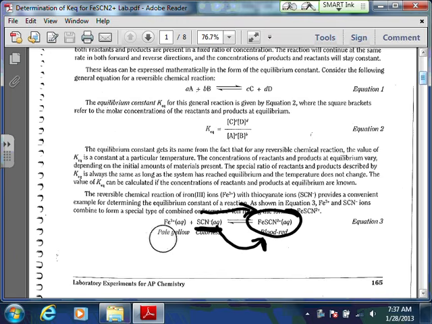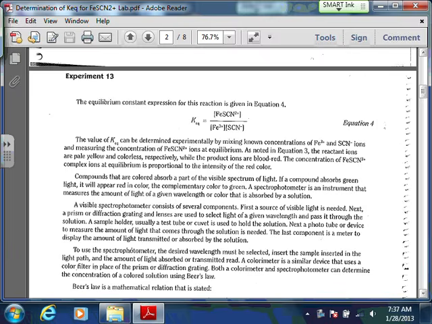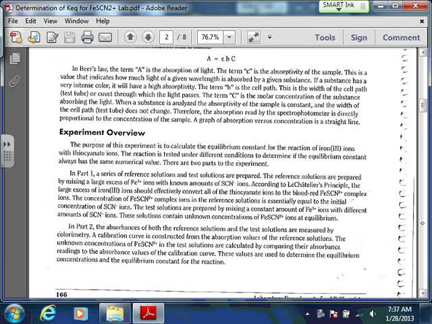And that's going to be helpful because then we can measure that concentration versus the absorbance, because as you can see here, Beer's law is this equation right here. A is the absorption of light. That's what we're going to actually be measuring.